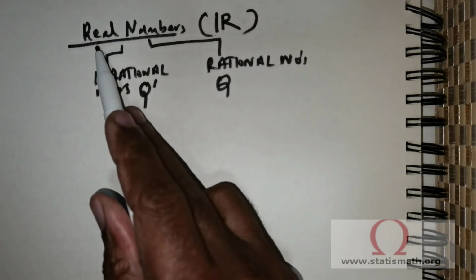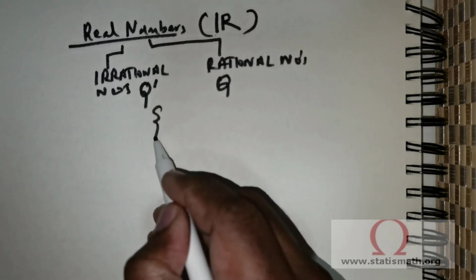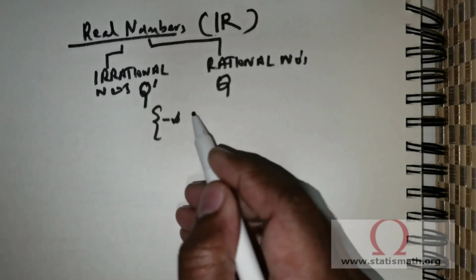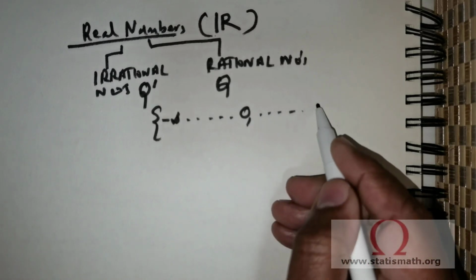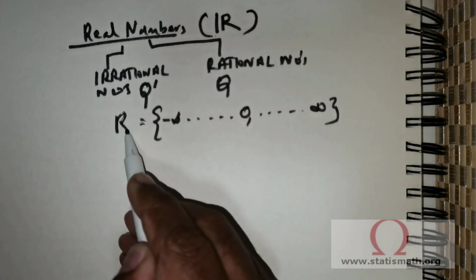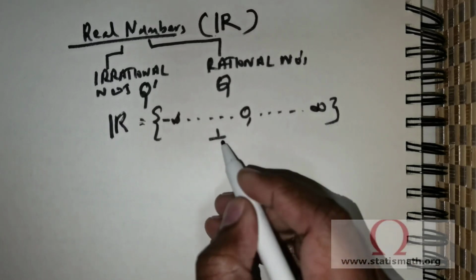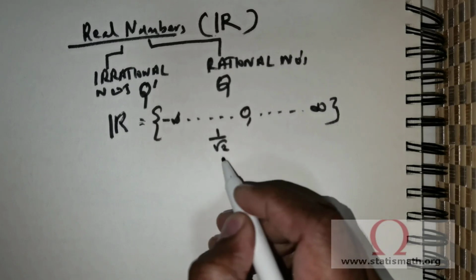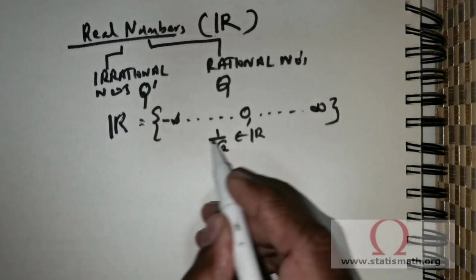Now this is an infinite number system, because it includes all the numbers from negative infinity. You can think of any form that you can have for a number, and that would be present in the real number system. For example, 1 over root 2 will be an element of the real number system.